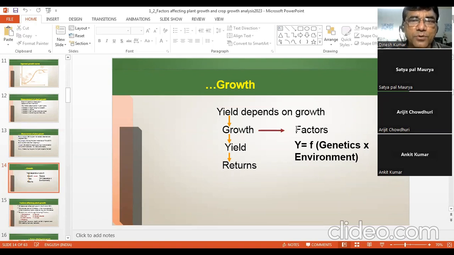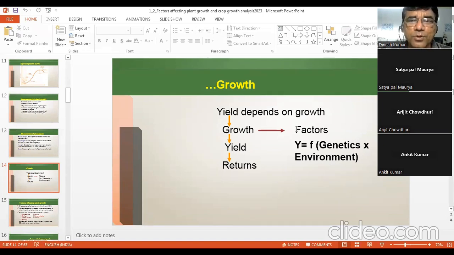The efficiency of the input is high, therefore farmers may get more returns. Simultaneously, managing these factors to the optimum level will also protect the environment. Then you can add less pollution to the environment by crop cultivation or crop production. Therefore, understanding of the growth factors is very, very important.